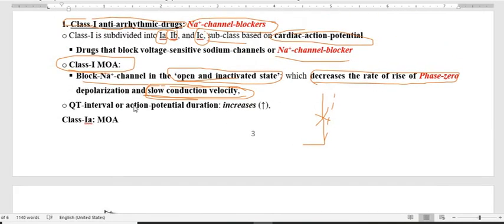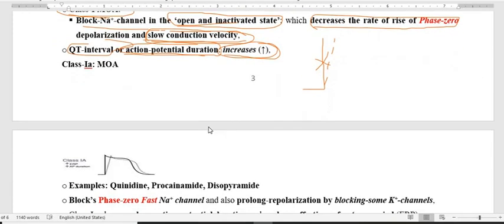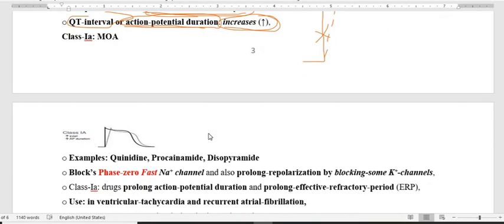Now, simultaneously they also influence the action potential duration. So the action potential duration increases, or you can say the QT interval gets prolonged. We have to go through that structurally and see how this happens.